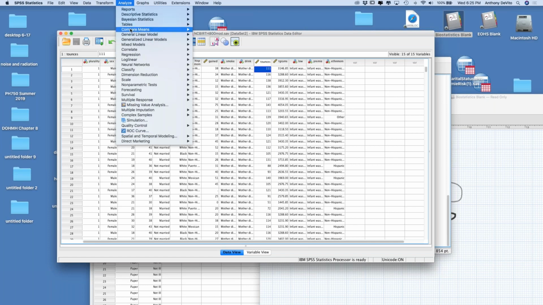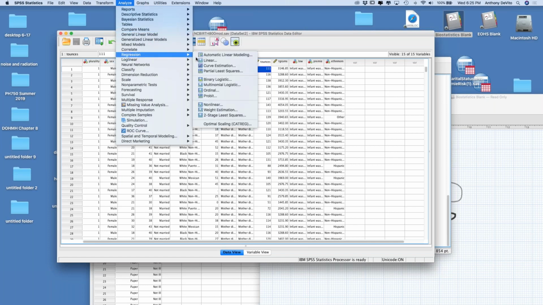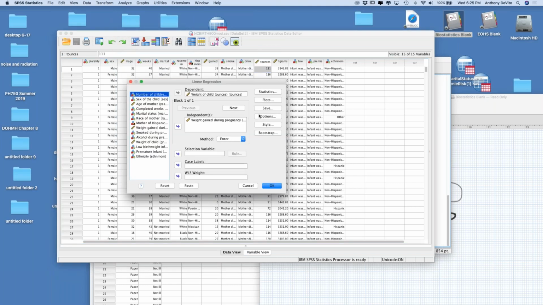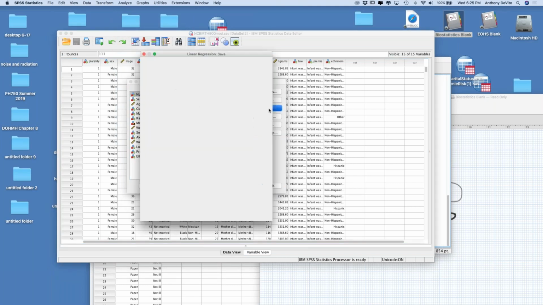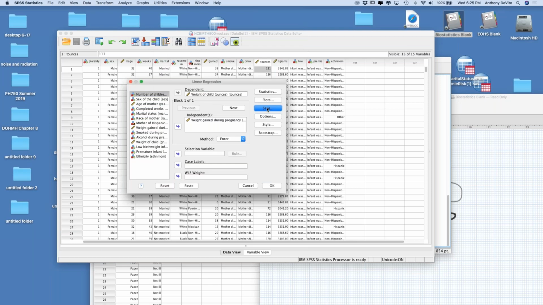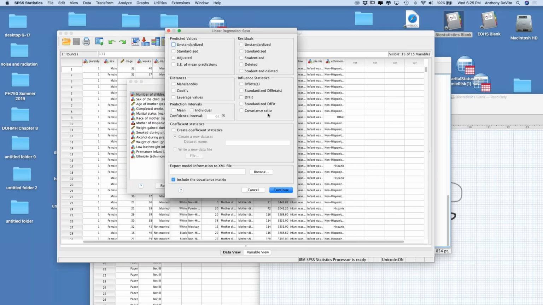So analyze. I'm going to go to regression, linear, and I'm going to click on save. Just remember that it's a little bit weird because you might not intuitively think to go into save to do calculations. Looks like you're just going to save a file or something, right? So in here, we can ask it to calculate for us the predicted values.